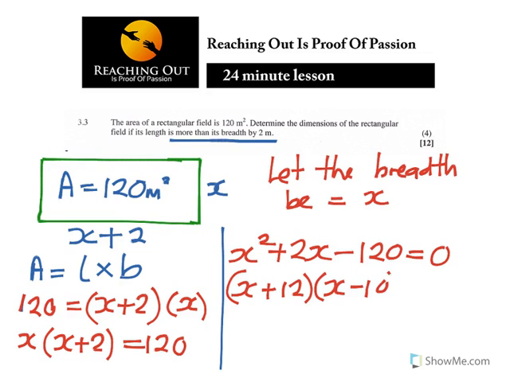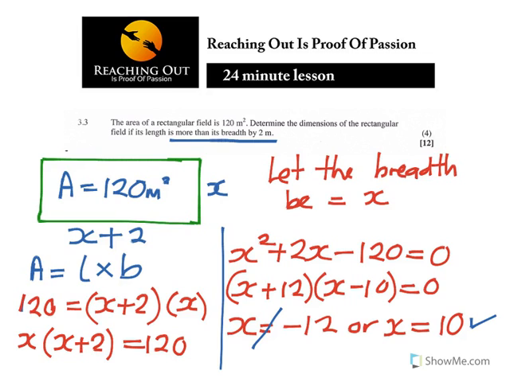X minus 10 is equal to 0. Therefore x is equal to minus 12, or x is equal to 10. But remember, here we're talking about the dimensions of a rectangle and they cannot be negative. Therefore, x cannot be a negative number. In this case, x can only be equal to 10.